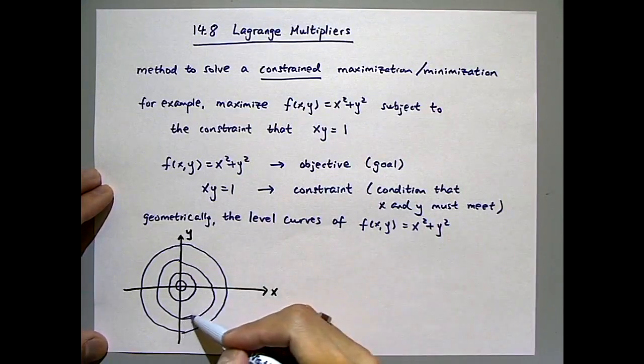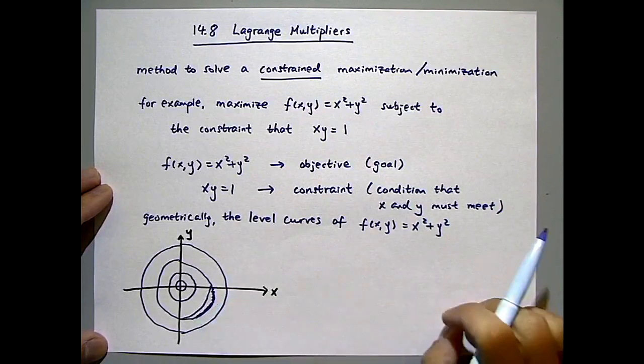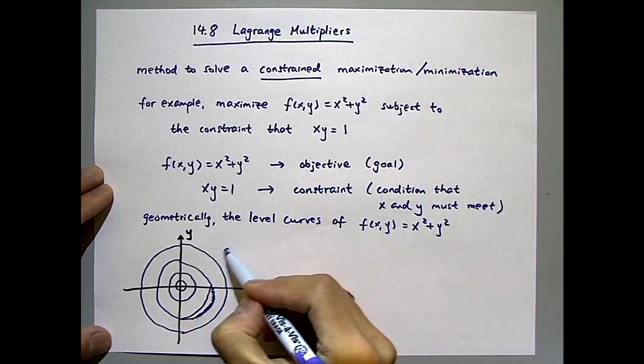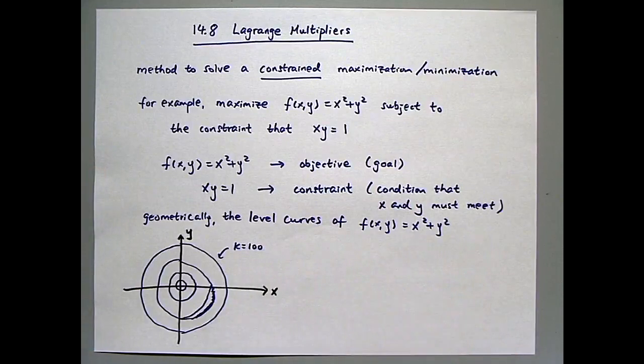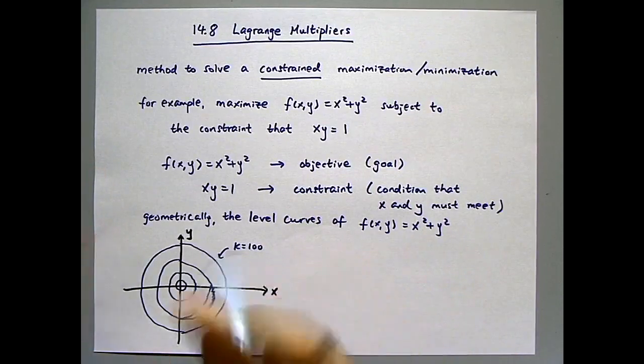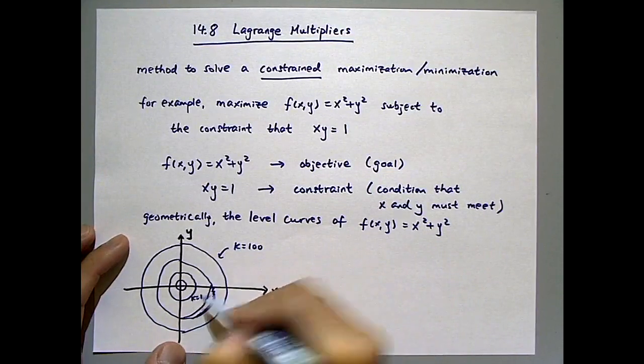Let me fix this up a little bit. All right. Much better. And this one out here, the bigger the k, the bigger the circle. So this one might be k is 100, and the one down here might be k is equal to 1 or something, for example.